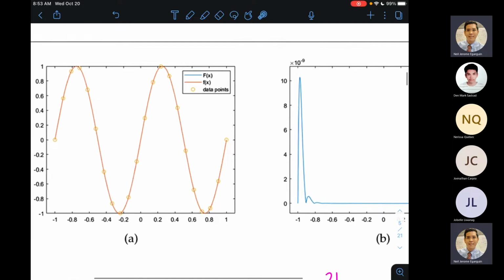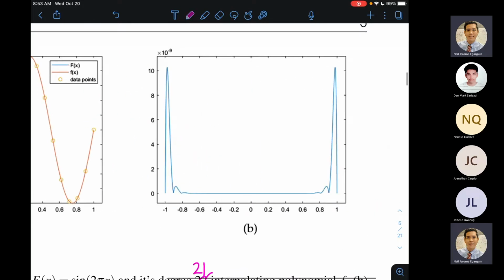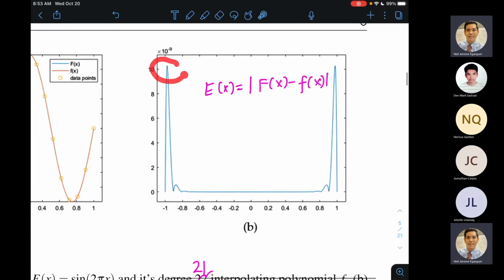And true enough, if you plot the absolute error, so this is the function e of x, which is the absolute value of capital F minus little f. Pag ginraph natin to, makikita natin na yung absolute error ay at most 10 to the -8, right? Kasi 10 times 10 to the -9 na siya. So pagpalagay na natin, round up na natin, siya around 10 to the -8.